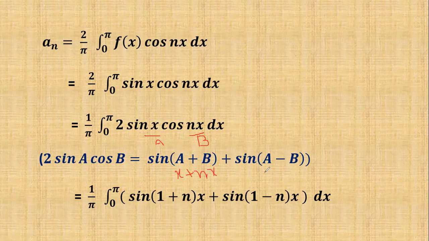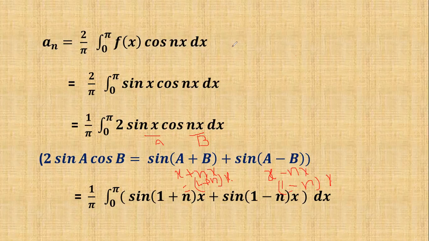A minus b means x minus nx. Therefore, here 1 plus n into x, and here 1 minus n into x. Therefore, 1 by pi into integral 0 to pi sin 1 plus n into x plus sin 1 minus n into x dx.